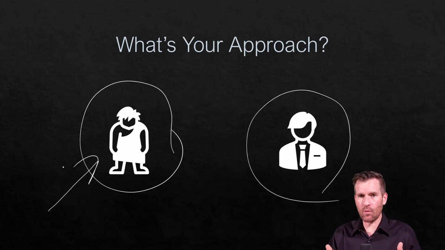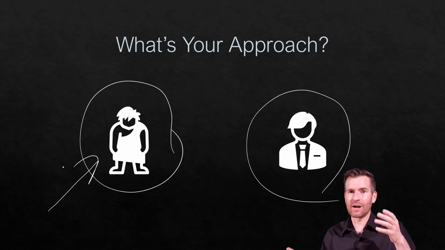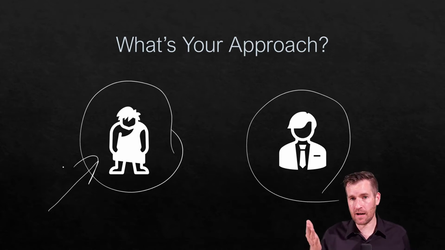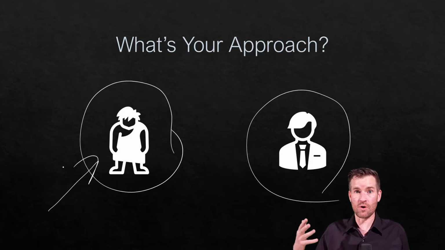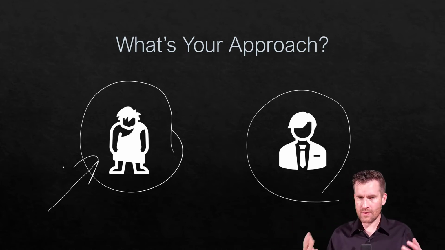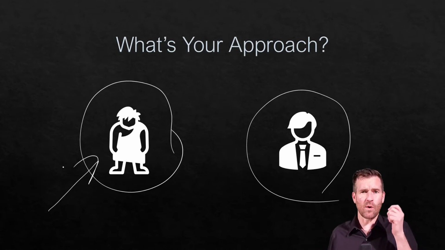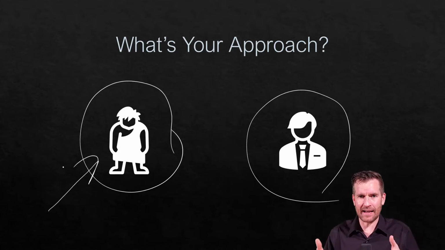And then also when we get to the end, and maybe we have fixed the issue, but we're not familiar with what changes we made along the way, that can become problematic also. Because now we've got a configuration out there that we don't know if it's secure or not secure, or if we've caused other problems. So that can be really problematic also. We all tend to probably start out more towards that caveman side of the spectrum.